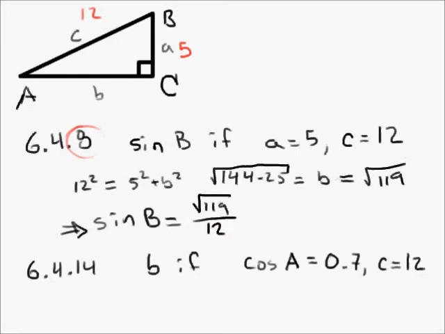Okay, next we're looking at number 14. We're looking for side b if the cosine of A is 0.7 and c is 12. So c is still 12.